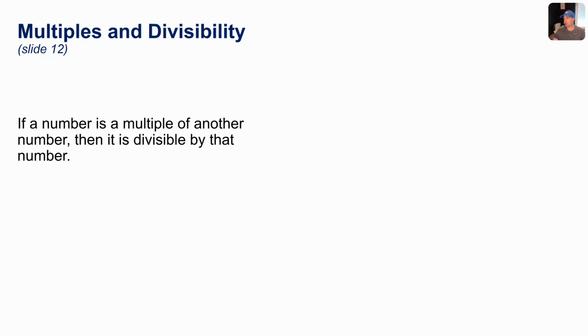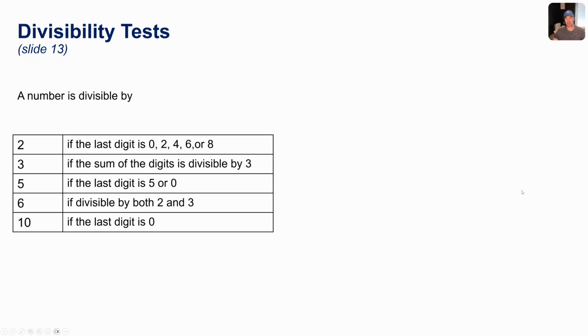Now, there are divisibility tests. I brought up a few of them already that allow us to know if a number is divisible by another number. Like multiples, if the digit ends in 0, 2, 4, 6, or 8, it's divisible by 2. If the sum of the digits is divisible by 3, then that number is divisible by 3.